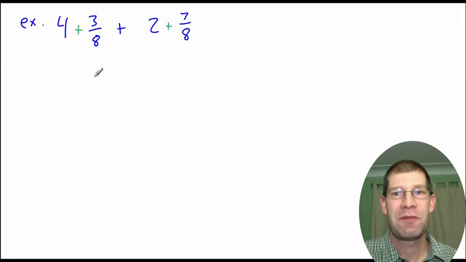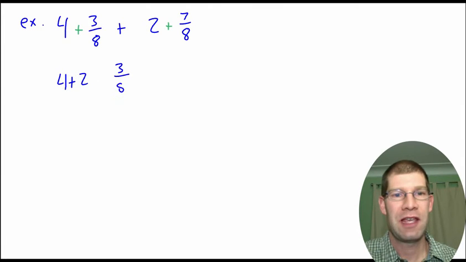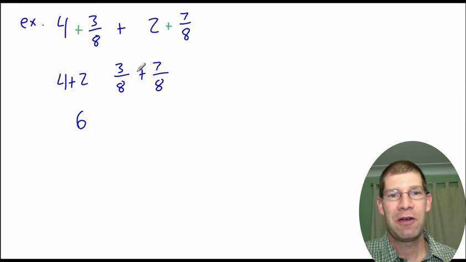And we can take these parts separately again. So I have my 4 plus my 2 on one side, then I have my 3/8 plus my 7/8 over here. And 4 plus 2 gives me a 6. But now in my 3 plus 7, I can add those because I have common denominators. But I get a 10 over 8.